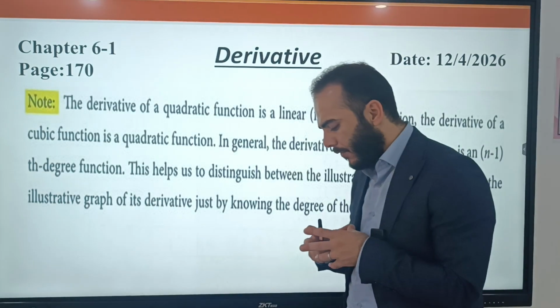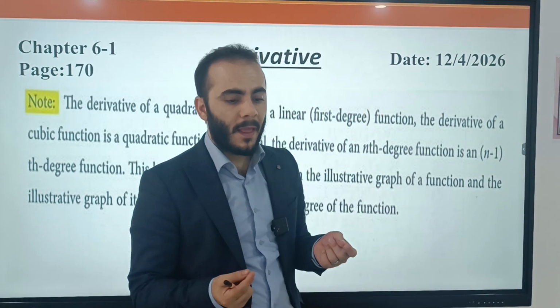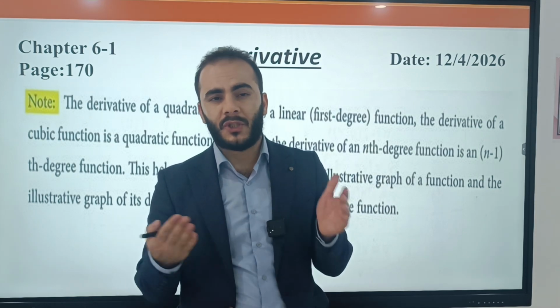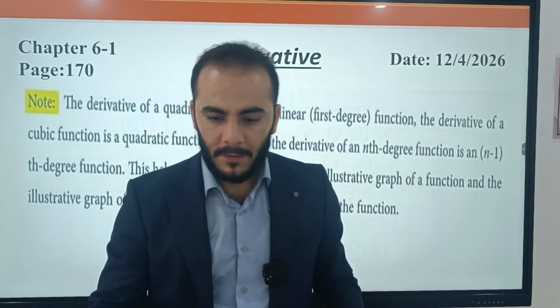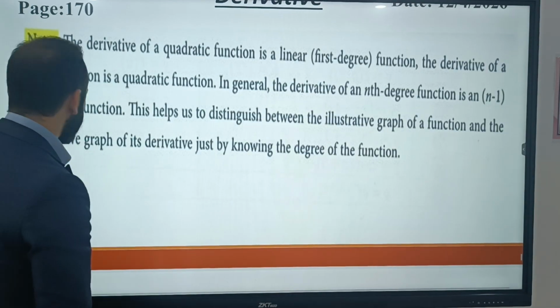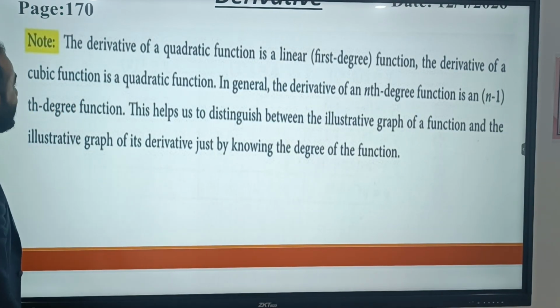In this part of the book, which is going to be the end, we are going to deal with graphing the original function and its derivative. Okay, let me give you some examples.